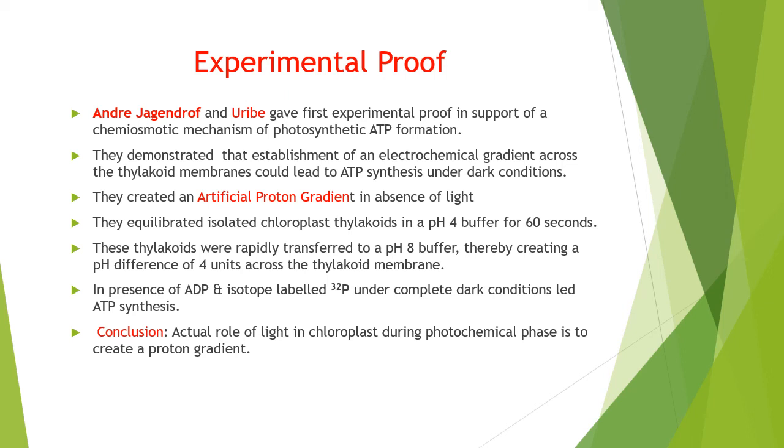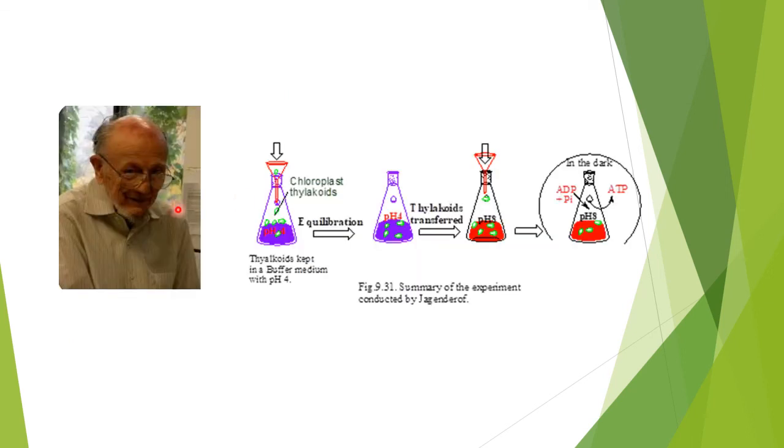This was done by Andre Jagendorf, a plant biologist who is notable for providing direct evidence that chloroplasts synthesize ATP. This is the experiment. They isolated the thylakoids and put them in pH 4. After equilibration for 60 seconds, they transferred them to another buffer with pH 8.